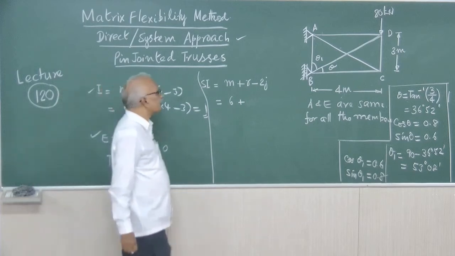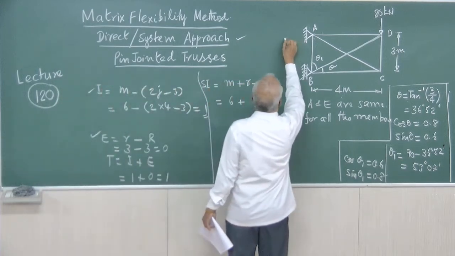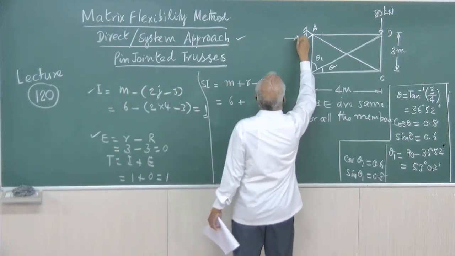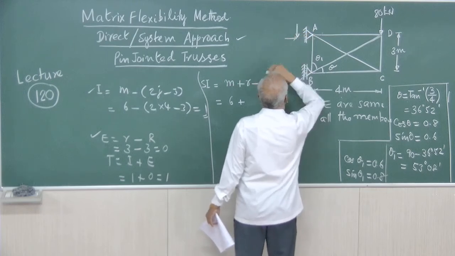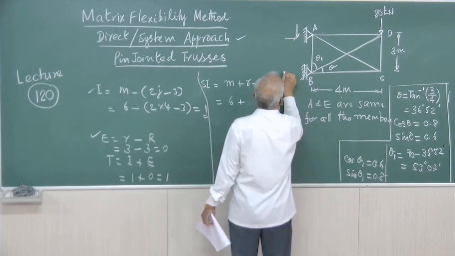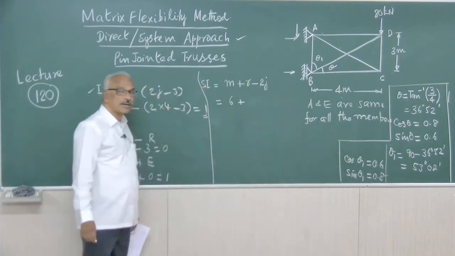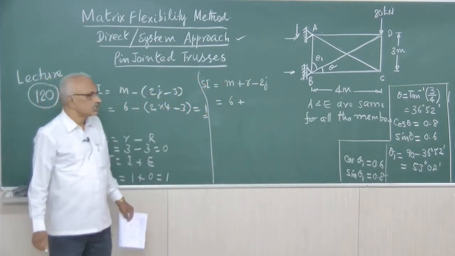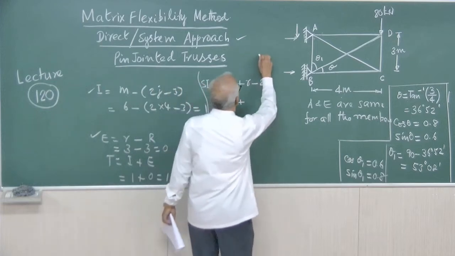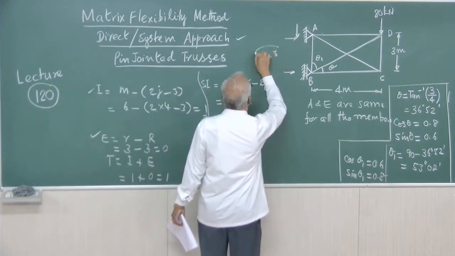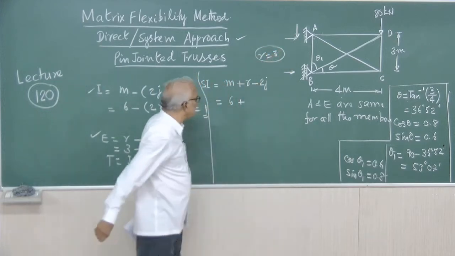At the hinged support, a horizontal reaction is possible and also a vertical reaction is possible. At the roller, there is only one reaction component possible, namely a reaction component perpendicular to the plane of the rollers. Therefore, small r equal to 3. The number of reaction components available in this problem is 3.